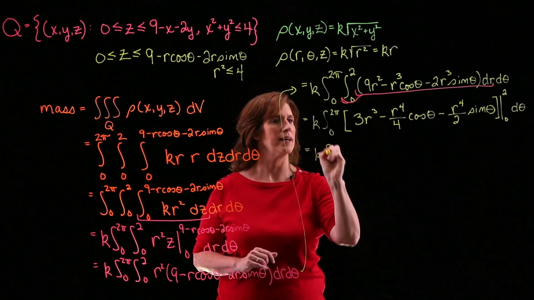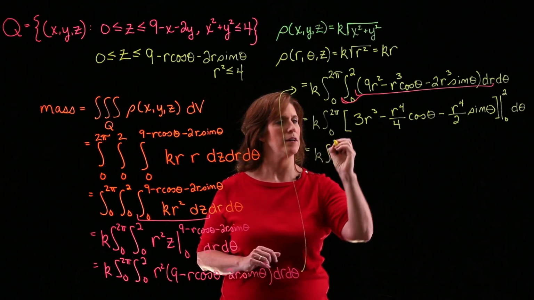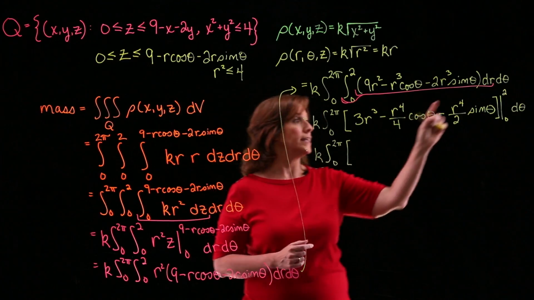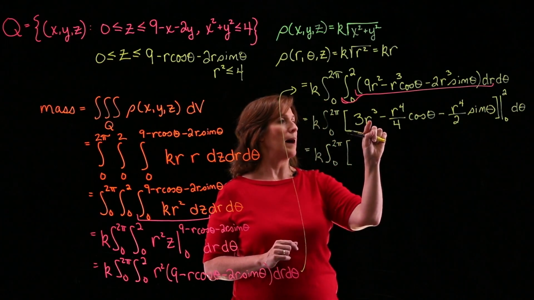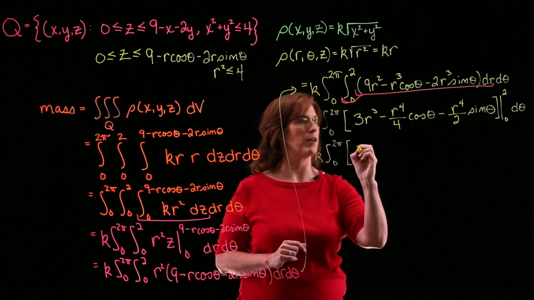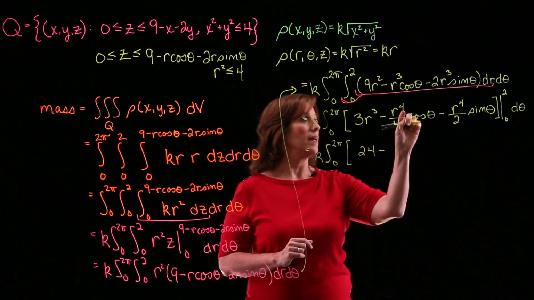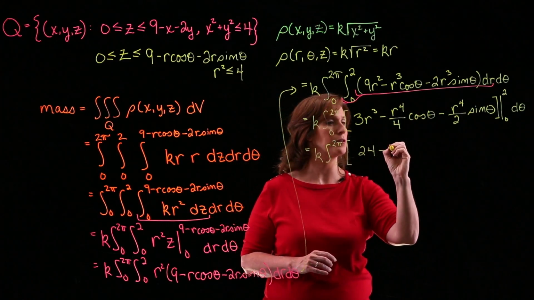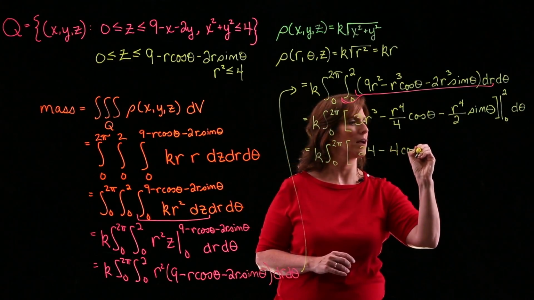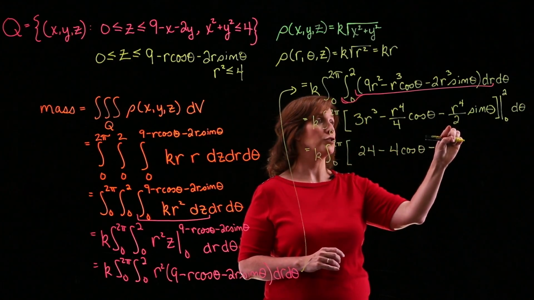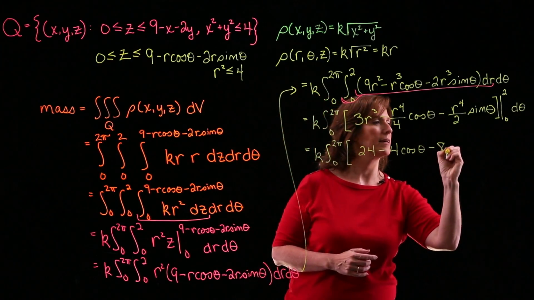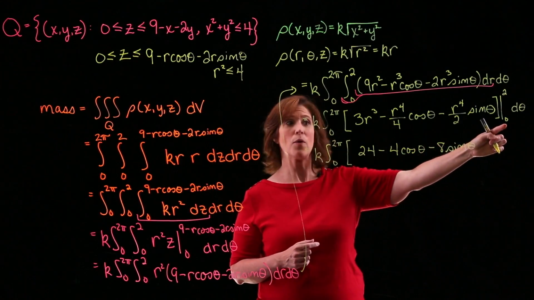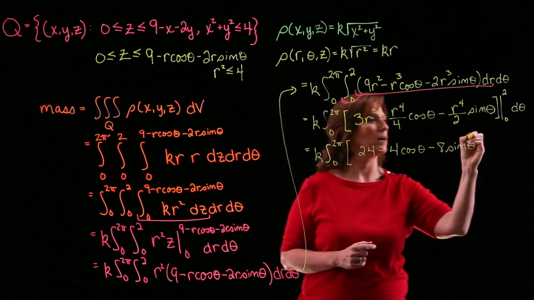Okay, so k times the integral from 0 to 2 pi. Plugging in a 2, I'm going to have 2 cubed is 8, so that'll be 24. This will be 2 to the 4th is 16 over 4, so that'll be a minus 4 cosine theta. And again, that'll be 16 over 2, so that will be 8, so minus 8 sine theta. I have to subtract what happens when I plug a 0 in for the r's, but that will all be 0.